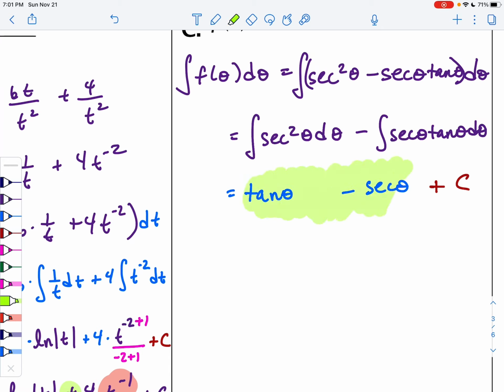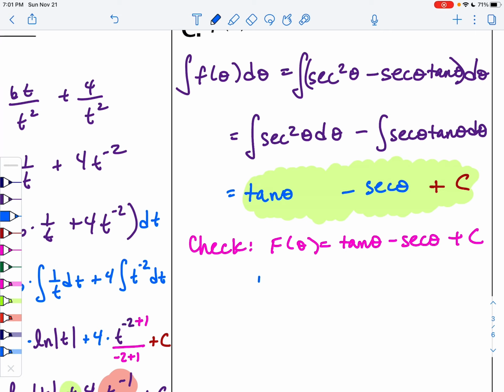And again, we can check if big F of theta is equal to tangent theta minus secant theta plus c. What is F prime of theta?